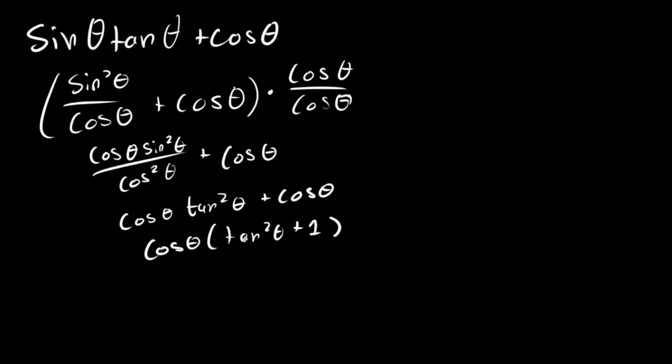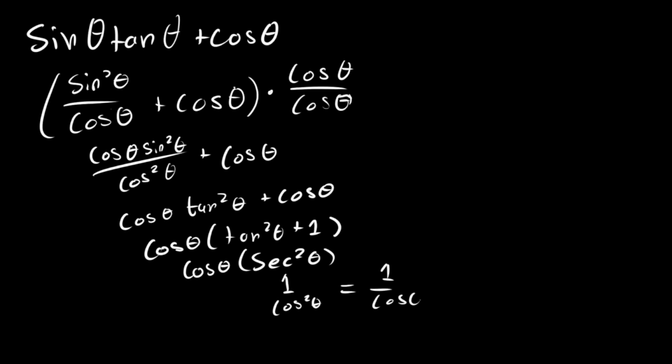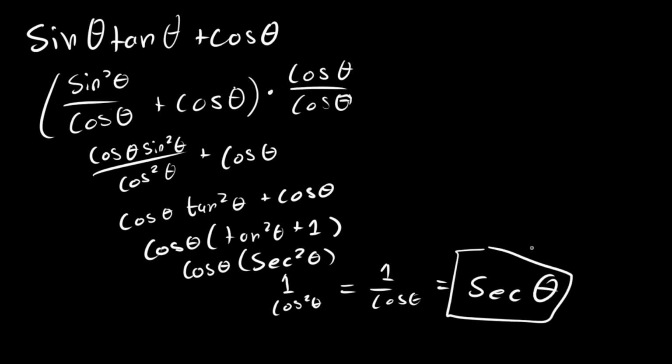And as we know, our tan squared plus 1 identity is secant squared theta. And we're going to multiply this by cosine theta. And since we know these are reciprocals, we can rewrite this as 1 over cos squared theta. Cosine times 1 over cosine squared theta is going to be 1 over cosine theta, which is also equal to secant theta, and that is how we find the answer.